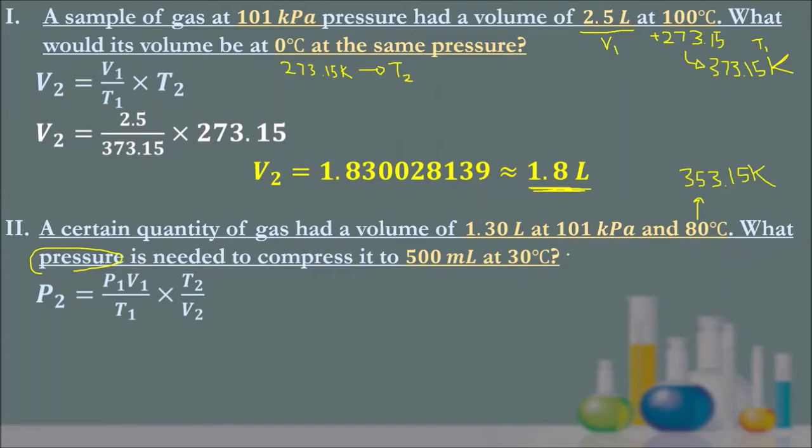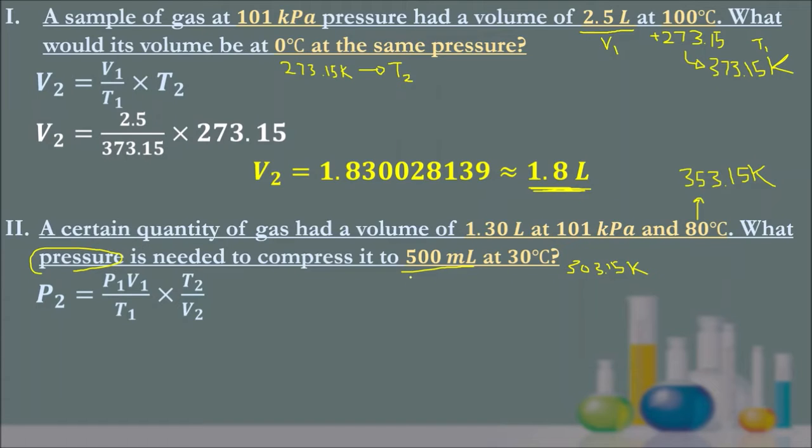30 degrees here, if we change that around, that is 303.15 Kelvin. And then the last thing we have here is the milliliters. So in chemistry, volume is always measured in liters. So to convert from milliliters to liters, divide by 1000.